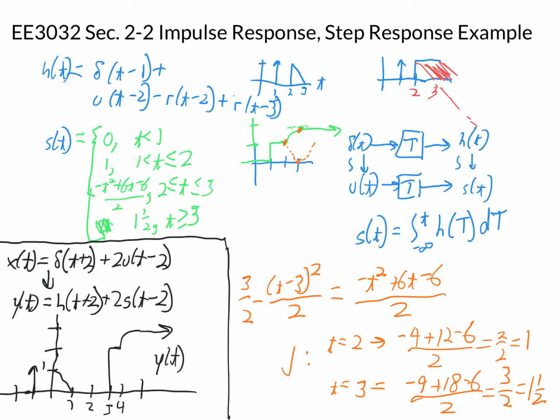So the impulse response and the step response let us quickly figure out what the output looks like if the input can be represented simply as a linear combination, a superposition of impulses and steps. As we get to more advanced techniques in the class, we'll be able to handle sinusoids, periodic functions, and non-periodic functions in the input.